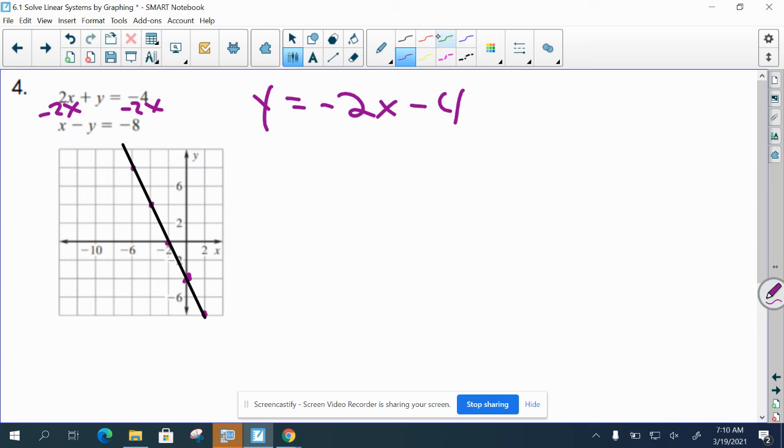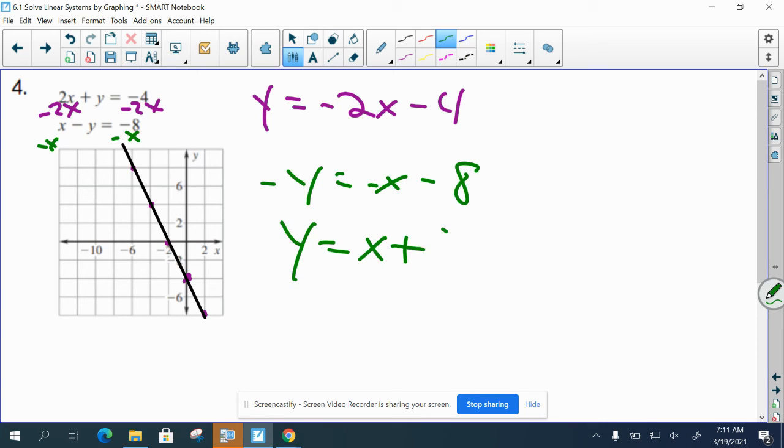And then let's make the other one. So I would subtract x, so I get negative y equals negative x minus 8. We got to flip the signs again because the y is negative. So y equals x plus 8. So y-intercept of 2, 4, 6, 8, and then a slope of 1. So if I go up 1 over 1, that's great. I can make a point here.